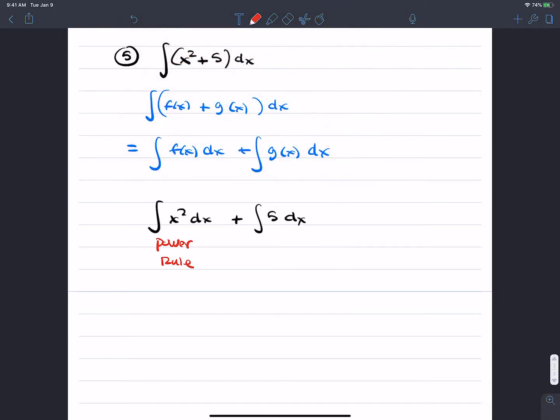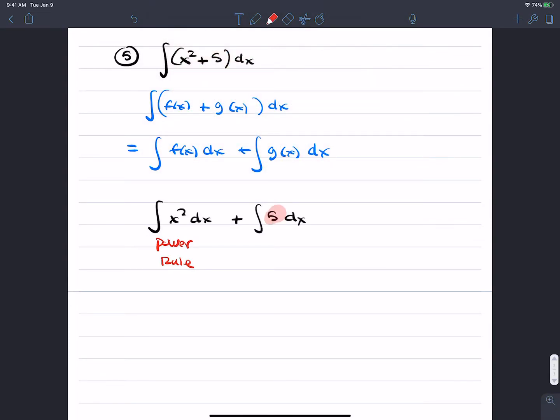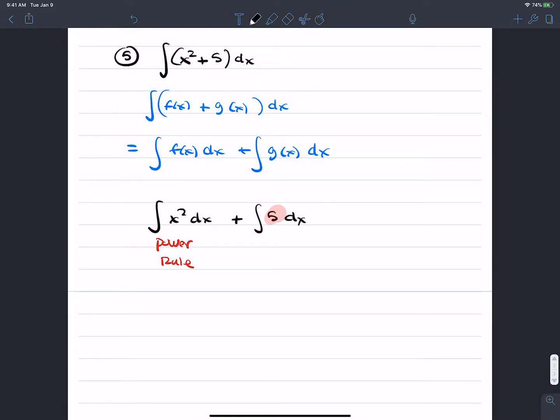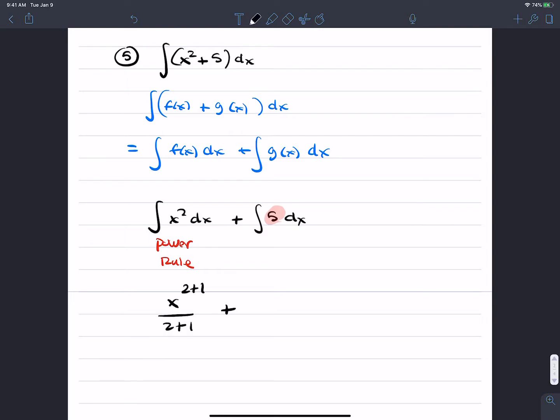I want to emphasize the difference here: the integral of a constant. Power rule says we have, let's write this down, x to the 2 plus 1 over 2 plus 1, plus, what happens when you integrate this constant?